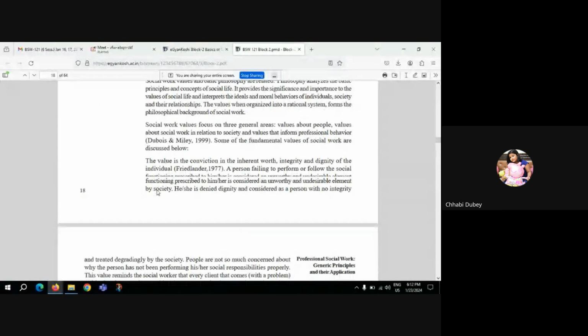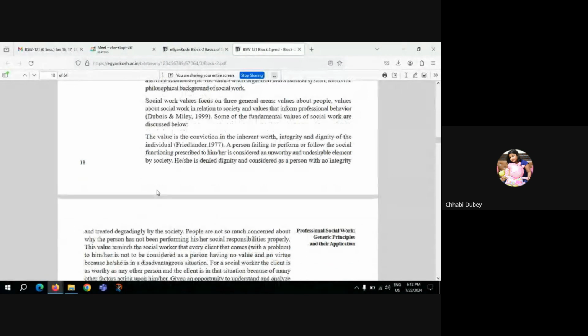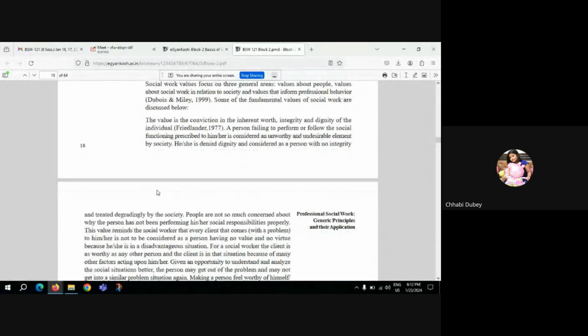Generally, these persons are considered to have no integrity, and they are treated quite degradingly by the society. People are not much concerned about why the person has not been performing his or her social responsibilities. The reason why that person has committed a particular crime is generally not seen.